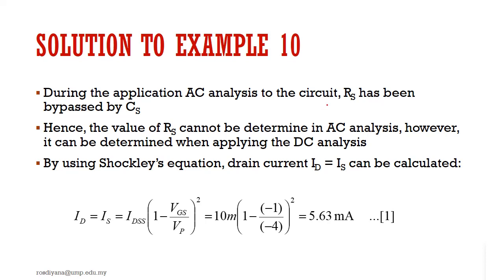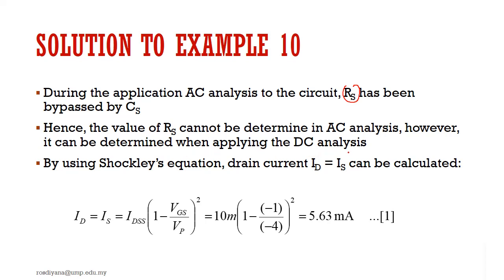Next, to find the RS. During the AC analysis, the RS has been bypassed by CS. Hence, the value of RS cannot be determined in AC analysis. However, it can be determined when applying the DC analysis.